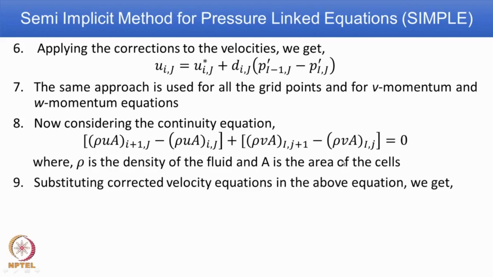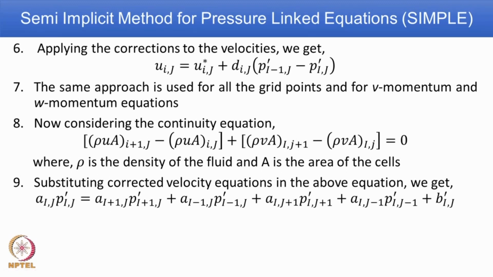Now, if you substitute the corresponding expression in terms of pressure correction into the discretized continuity equation, then we get the equation as shown here. This equation is an equation for pressure correction at the node of interest, where the pressure correction to be obtained is on the left hand side and all other terms are brought to the other side.